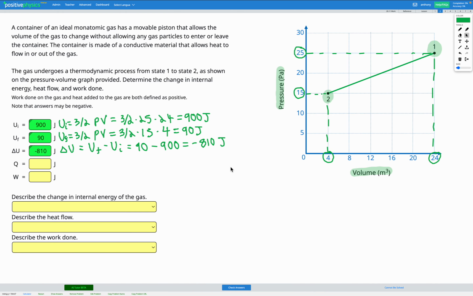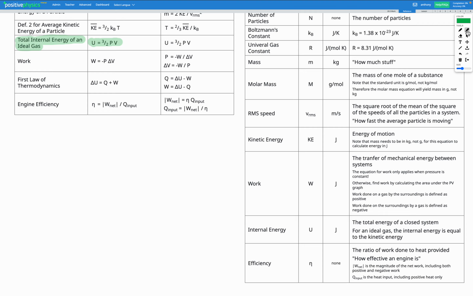Our next step is going to be finding the work done. Here on our reference sheet, we can see we have this equation for work, W equals negative P delta V. However, if we look in the definition for work, we can see the equation for work only applies when pressure is constant. Otherwise, we can find work by calculating the area under the PV graph.